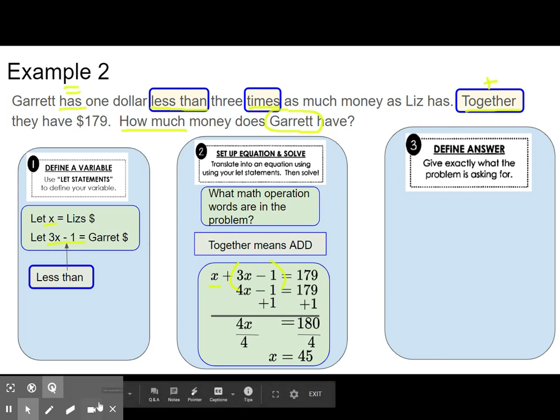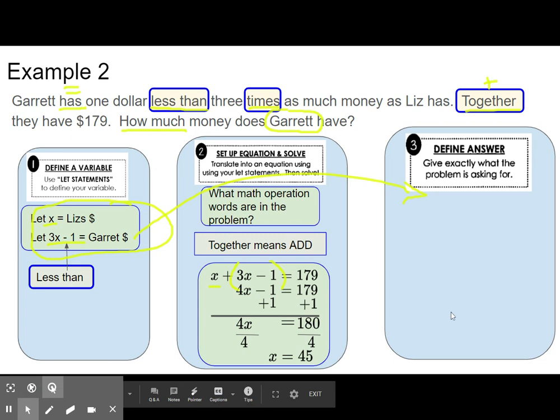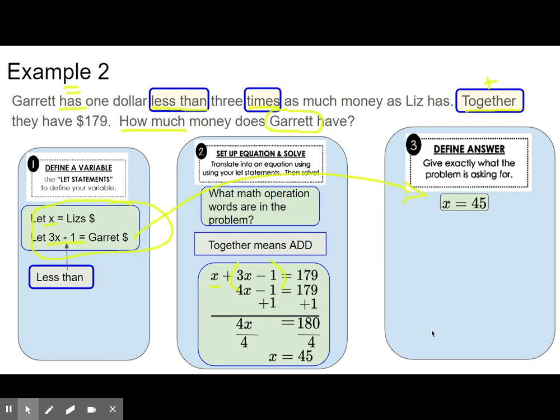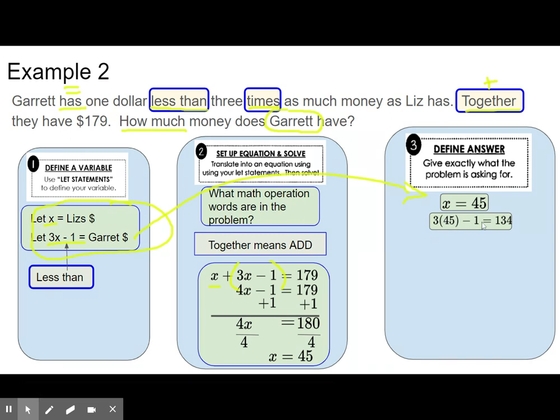Go back to these. You're always going to go back to your let statements. Plug in what you know. I know X is 45. That's Liz. Liz has $45. Garrett, 3x, X is 45, minus 1.